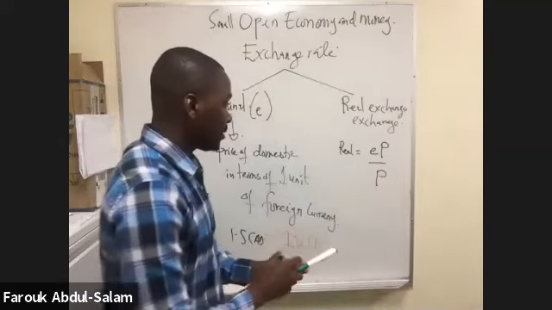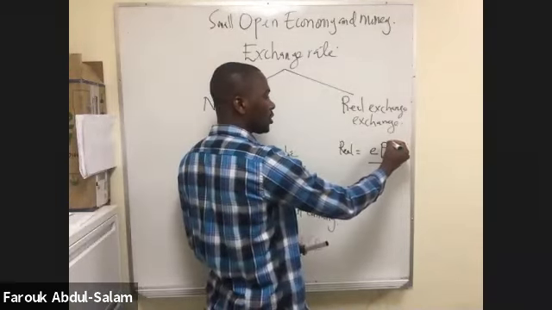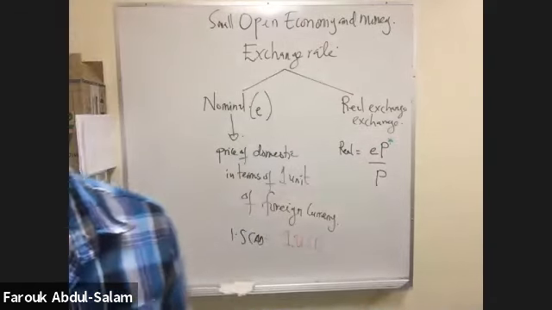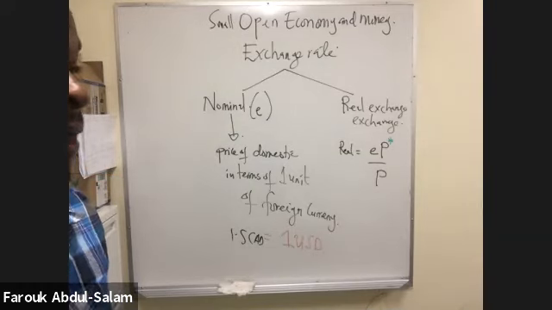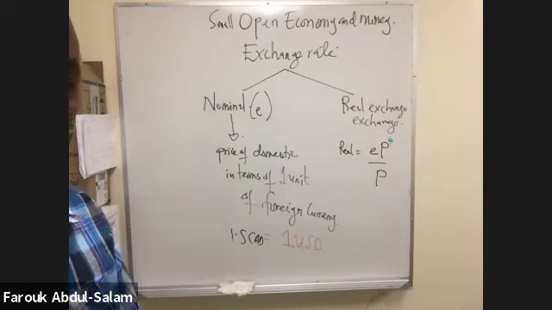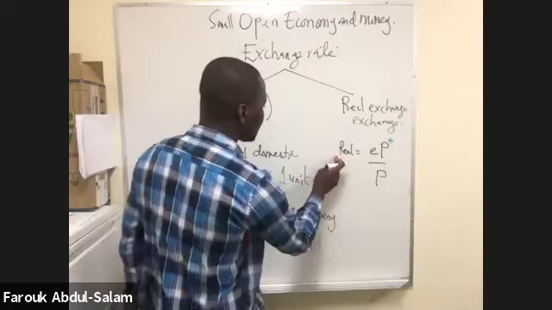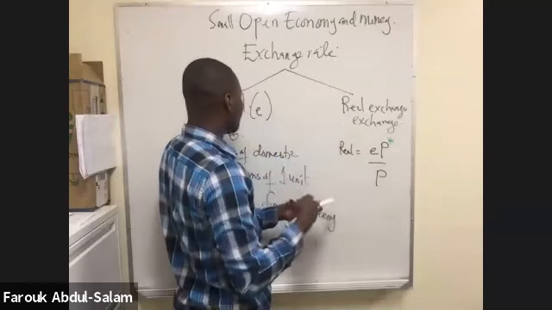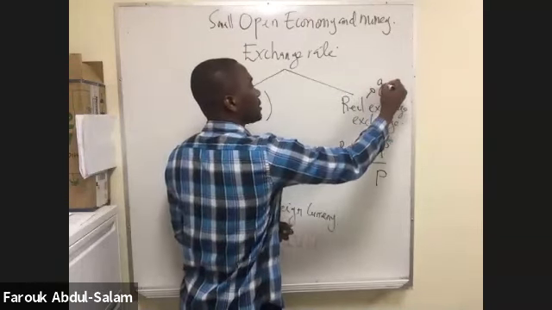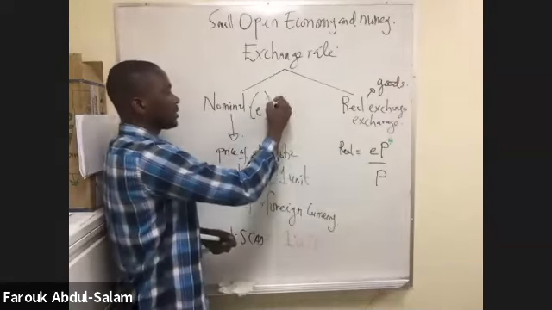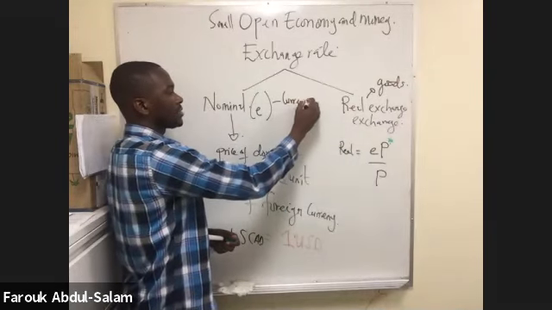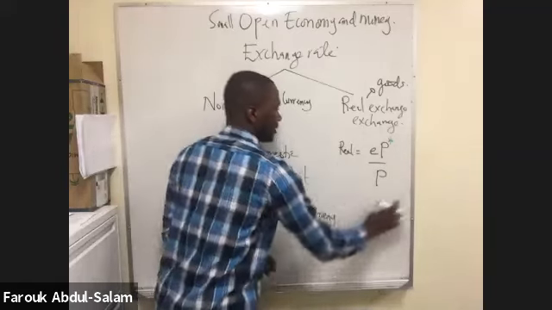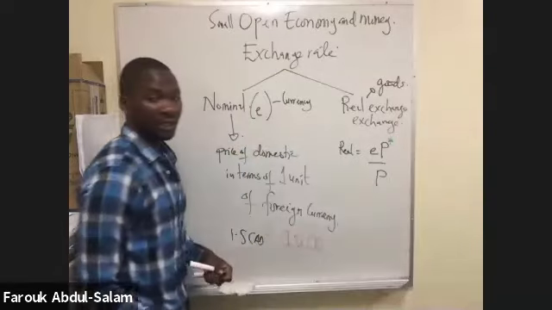The very first P you see on top is the foreign variable. So whenever you see P star, it means the foreign price of the good. For you to define what a real exchange rate is, it is always in terms of real goods, whilst nominal is in terms of a currency to a currency. So keep that in mind. This is going to be the definition of what a real exchange rate is.